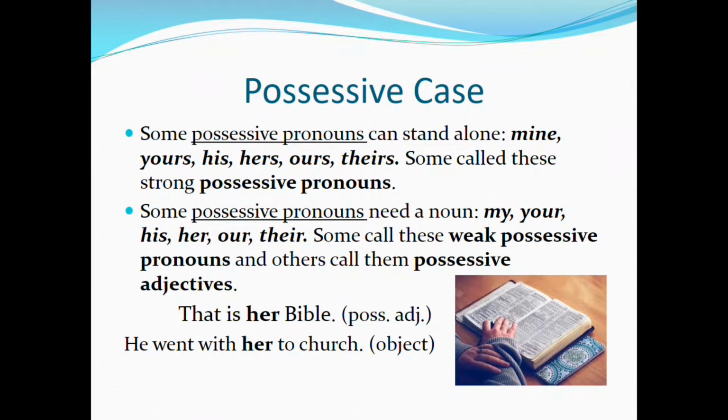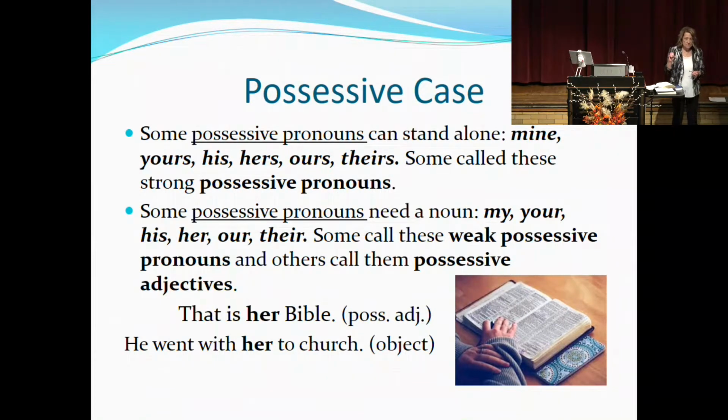So, "that is her Bible." It's describing whose Bible it is. "He went with her to church." There, her is moving into the object position, in the objective case. So again, those possessives can float around, and that's why we always have to go back and study how it is used in the sentence.